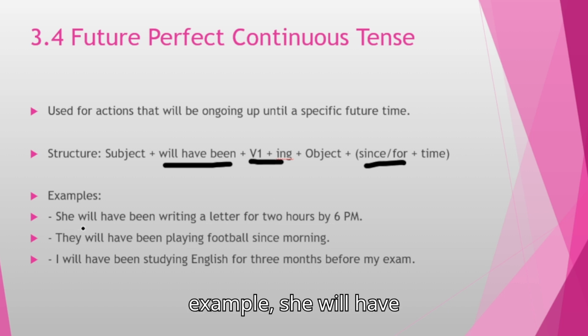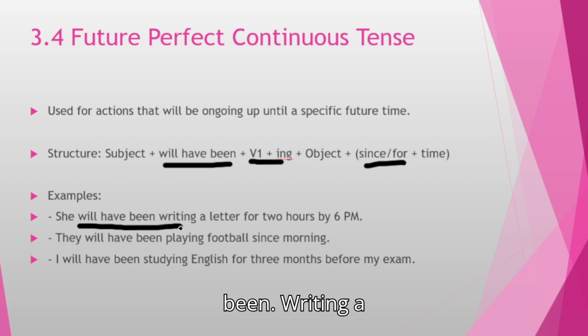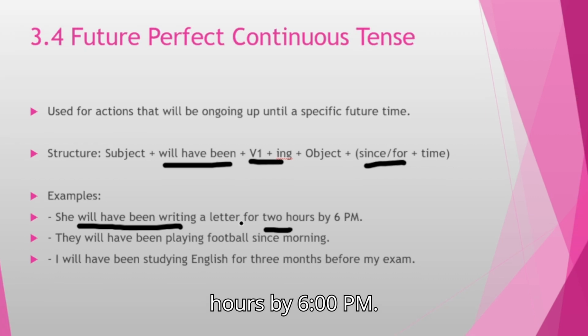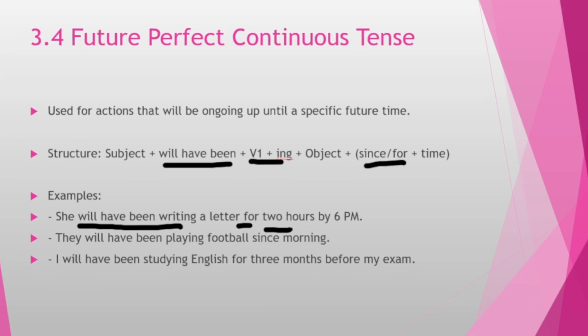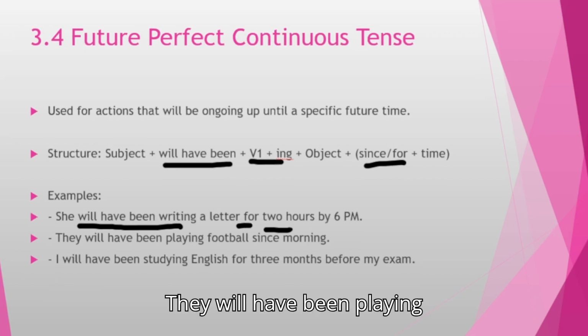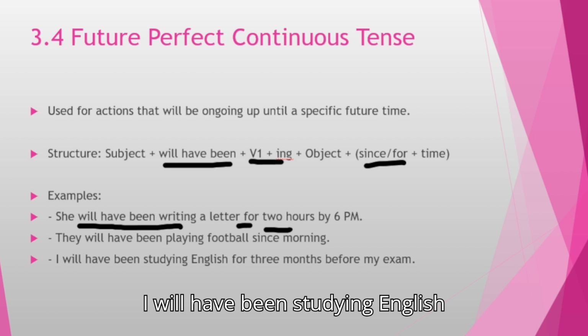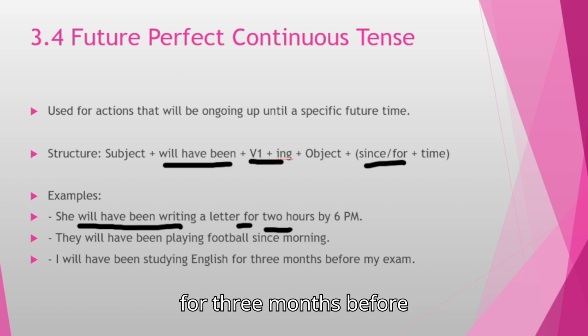For example, she will have been writing a letter for 2 hours by 6 p.m. They will have been playing football since morning. I will have been studying English for 3 months before exam.